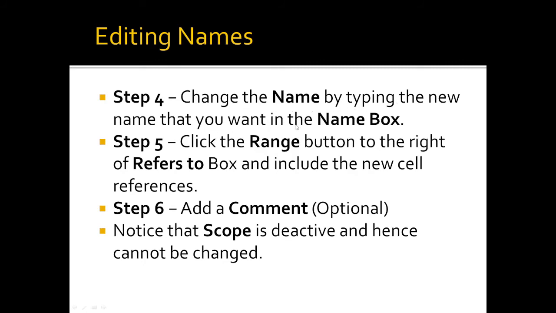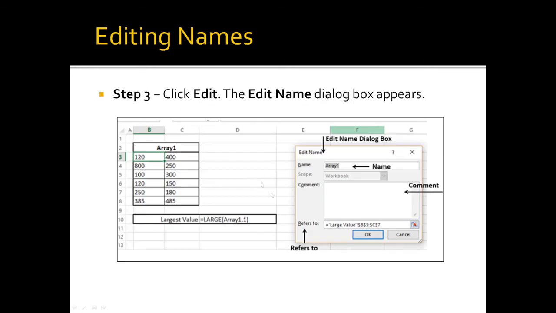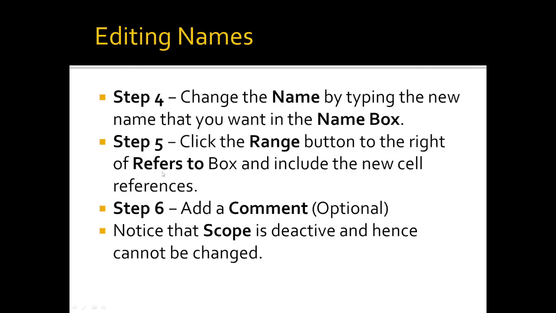If you want to change the range, click the range button to the right of the refers to box and include the new cell reference. So this one is the new range. Or you can click on this and then select the new range. That's step 5. And step 6, add a comment, optional.